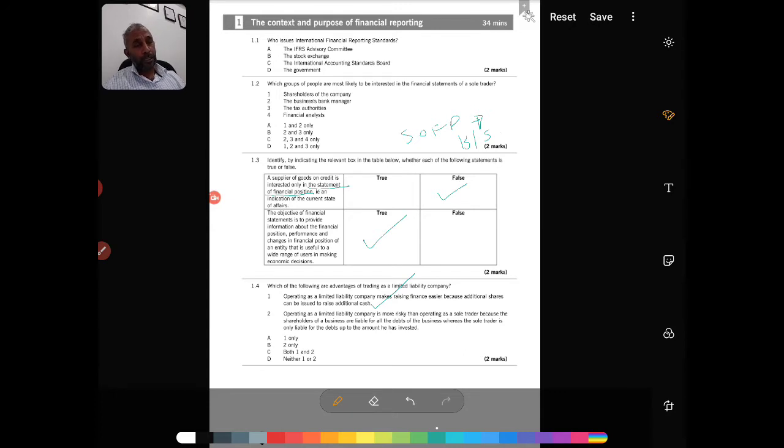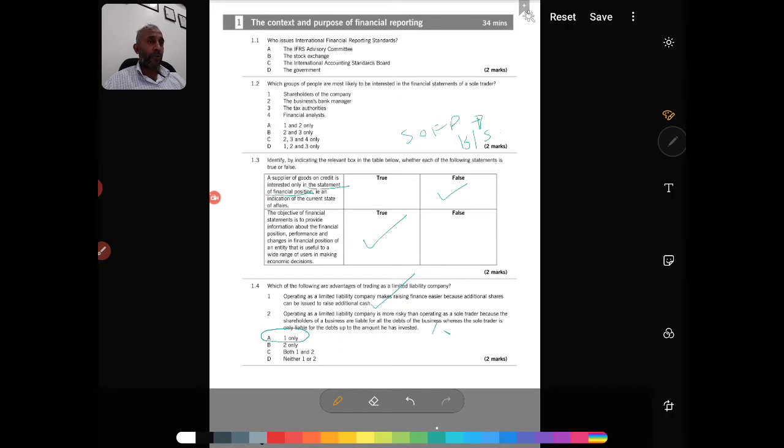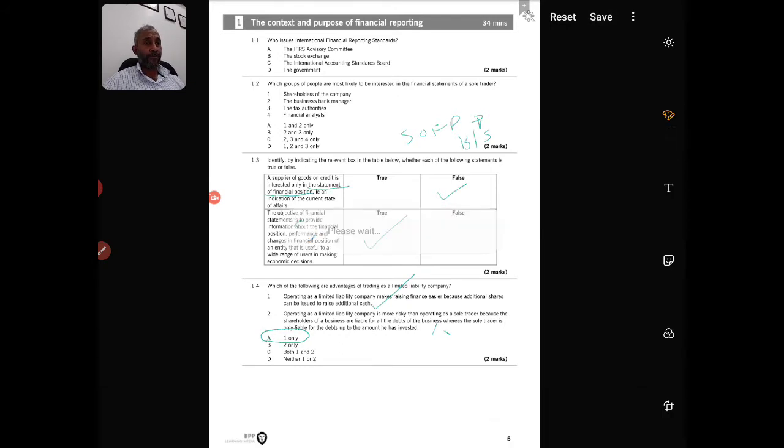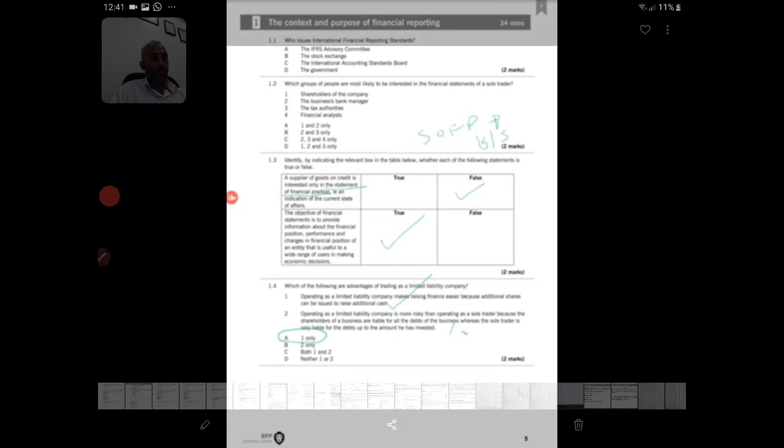So statement number 2 is wrong. Accordingly, A is the only correct answer. So this is question number 1.4. Let's move to question number 1.5. Okay, now I can move on.